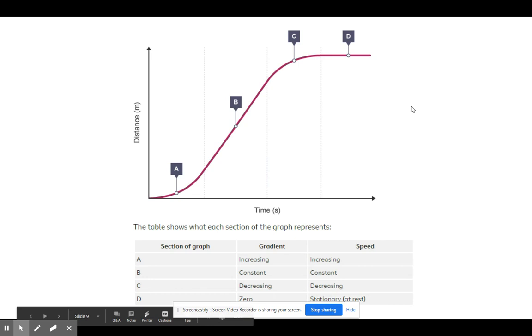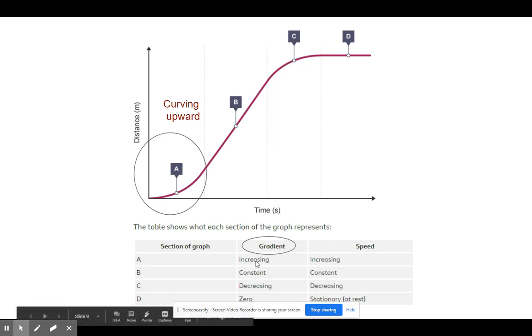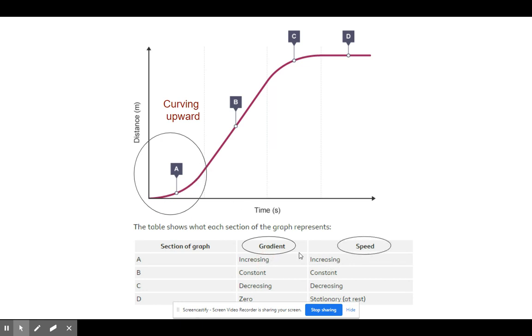Okay, so let's look at a couple different examples here. We have a curved upward line. The gradient means how steep or how shallow the line is. So for A, the gradient is increasing because it's going up. That means the speed is increasing.